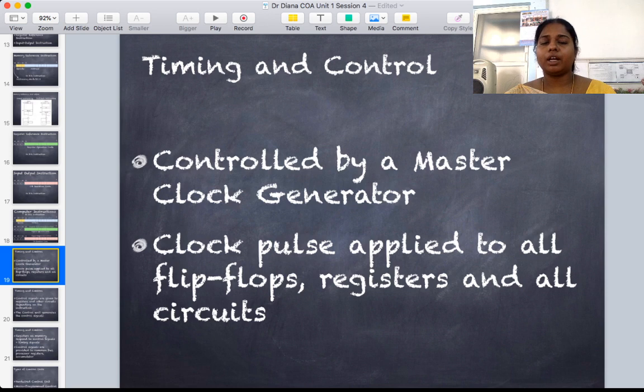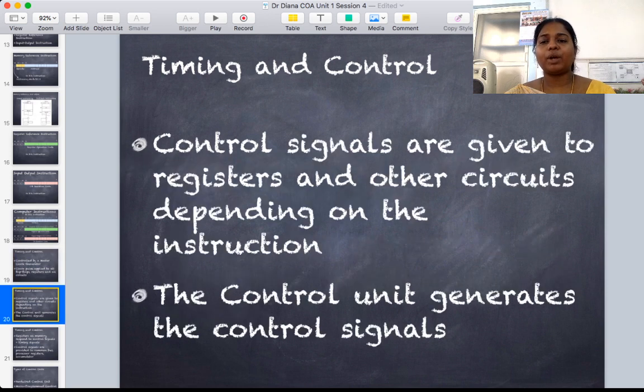And for control, we need certain other signals that can help us direct the different parts of the computer. When the instruction says read some data from memory, the memory should receive a signal to send that data out of it, and there should be some register which can receive or read that data from the memory.